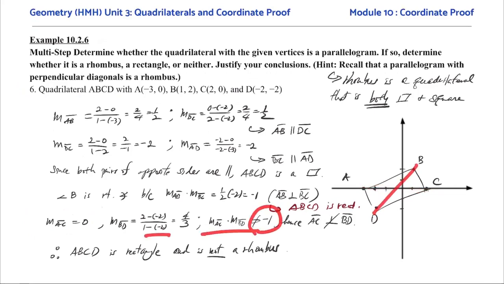Because it is not equal to -1, they're not perpendicular, therefore it is not a rhombus, right? So this tells us not a rhombus, because one of the properties of a rhombus is that diagonals are perpendicular, right?